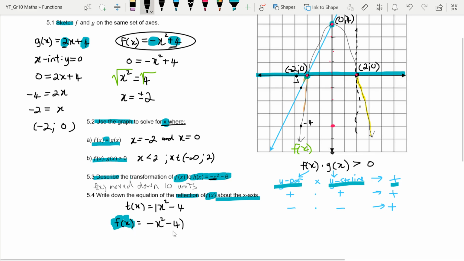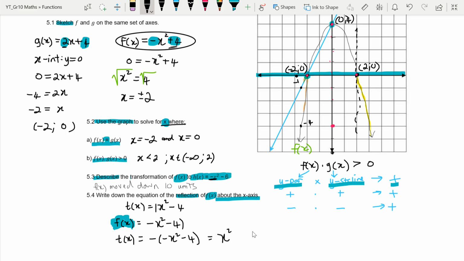Every value that was positive will now be negative. So to find t of x, I need to take my f of x and multiply it by a negative, which will give me positive x squared plus 4. So that's also something that you can remember. When it is reflected about the x-axis, every single y value that was positive will now be negative. So we're just multiplying that by a negative. And that's it.